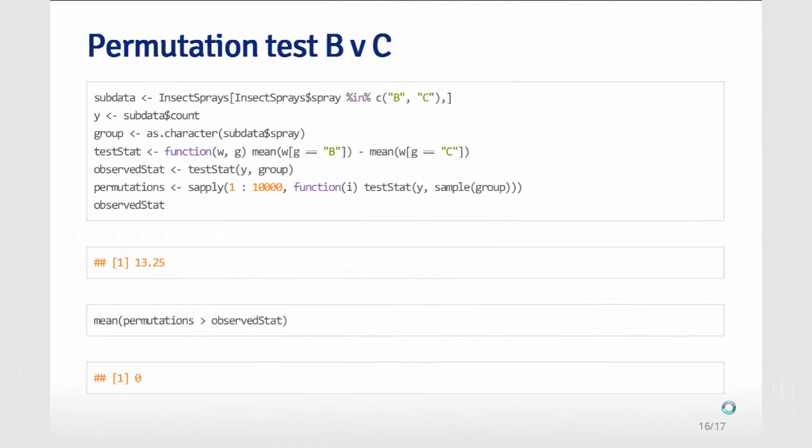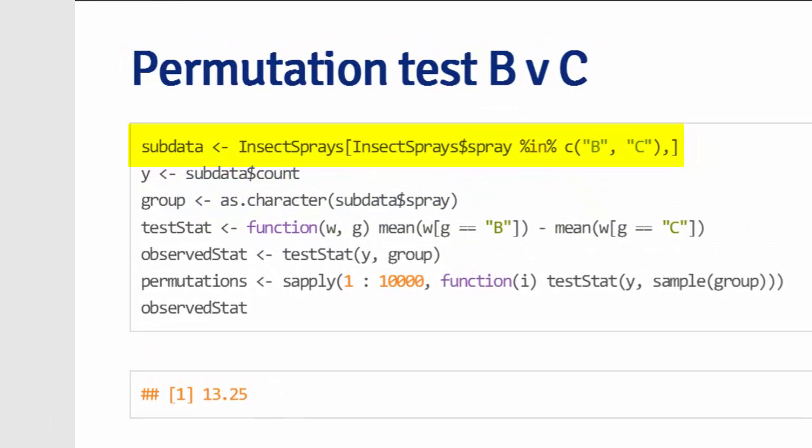Let's go through an example where we just illustrate doing permutation tests. First, I'm going to subset the data just so I have insect sprays B and C. My Y is going to be my outcome, the count of dead insects. My group is just going to be group labels, or spray in this case, pesticide in this case. So element 1 of Y is the count of dead insects for element 1 of the vector group, and the same thing for element 2 of Y and element 2 of group.